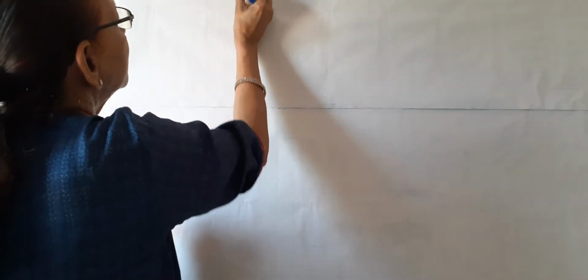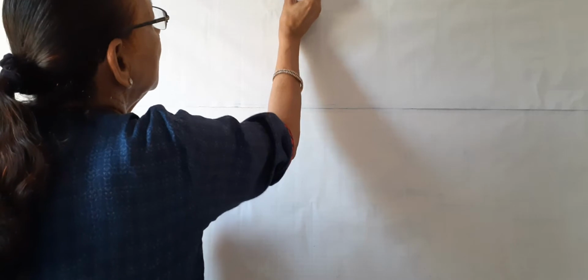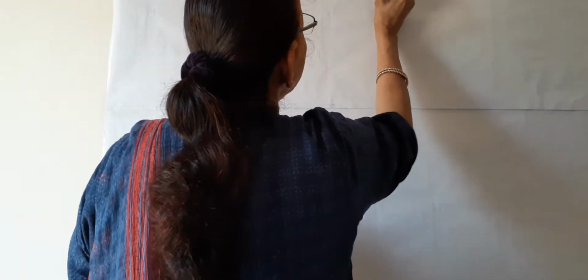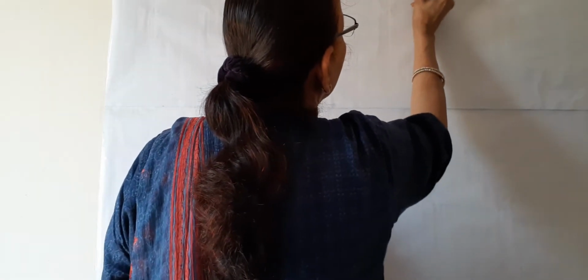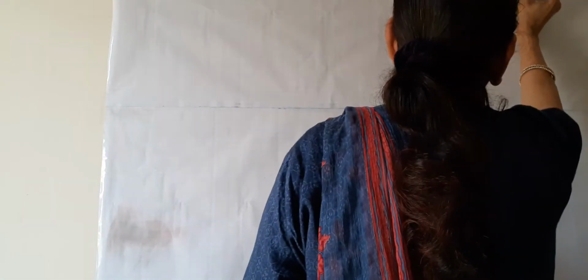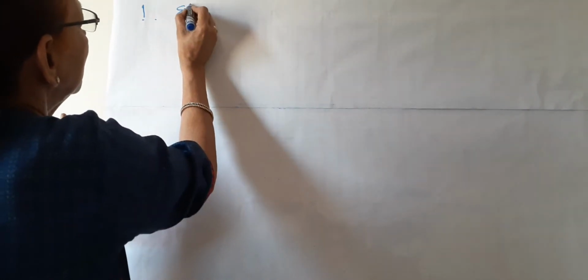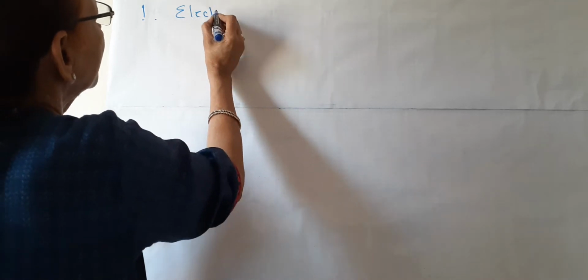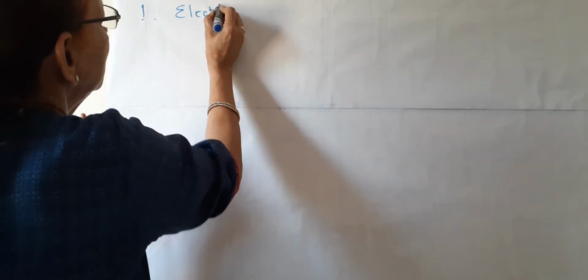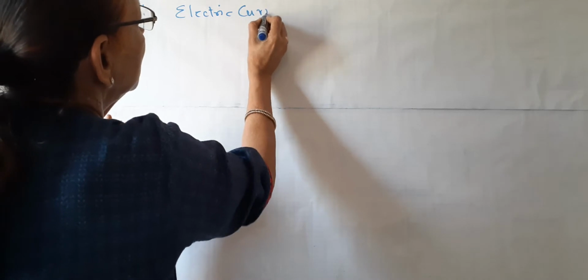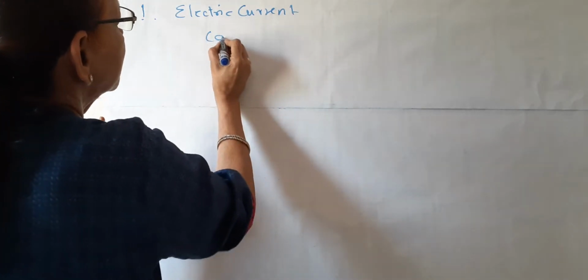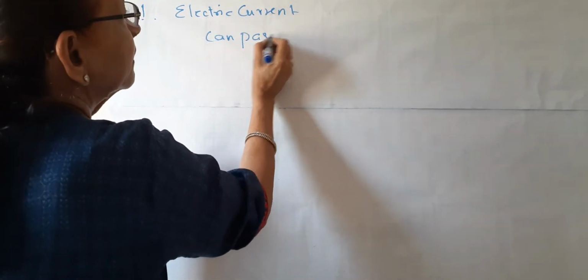So here we can write conductors, then insulators, and then semiconductors. So what are conductors? Electric current can pass through conductors.